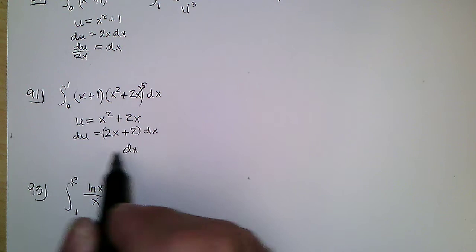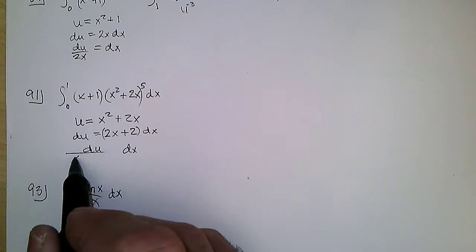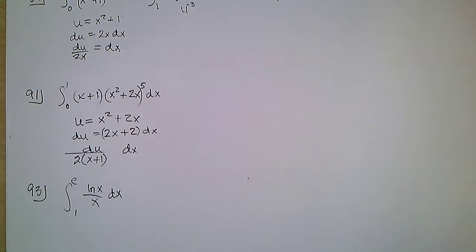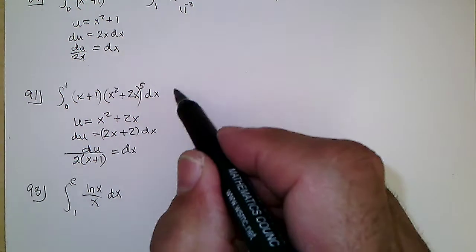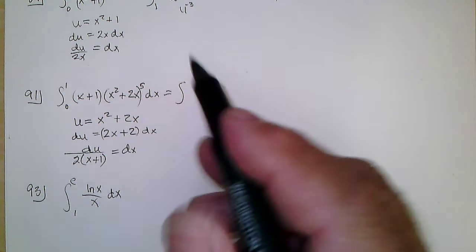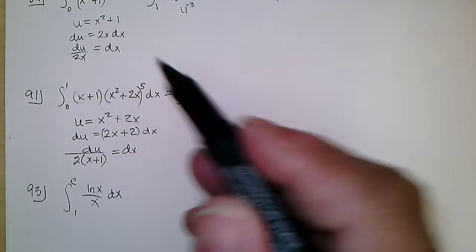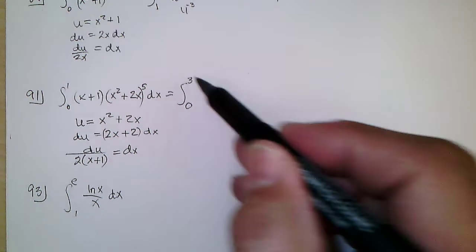So dx would be du over, I can factor 2 out of that, 2 times x plus 1, or I can leave it 2 times 2x plus 2. So, new limits. 0 squared plus 2 times 0 is still 0. 1 squared plus 2 times 1 is 3.